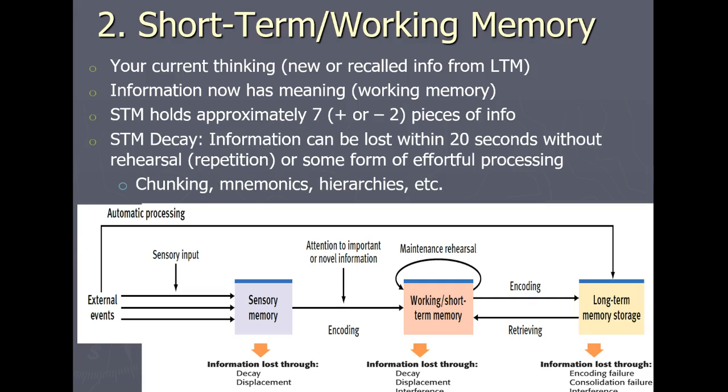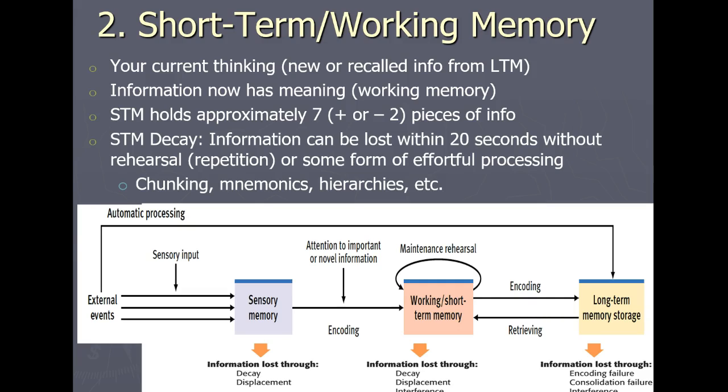Now, I learned that all the time in college, in a bunch of courses and textbooks, and I always just kind of took it at face value, that short-term memory has a limited capacity. But I think at one point when I was in graduate school, I really thought about what that meant, and it didn't make sense to me.